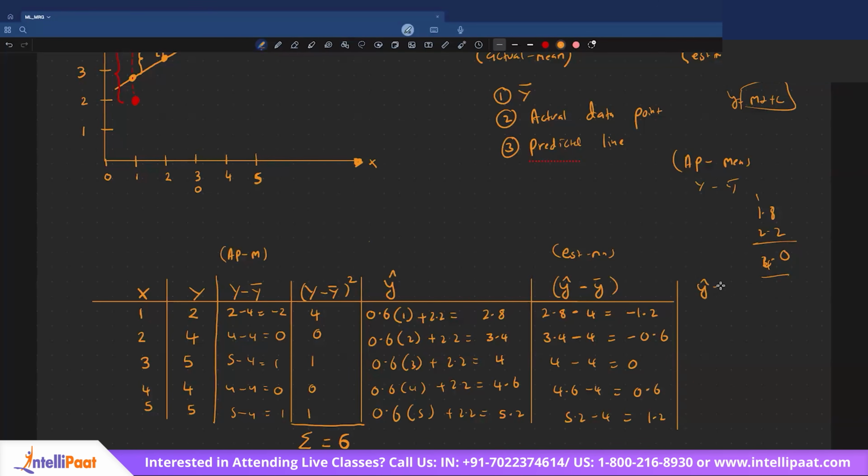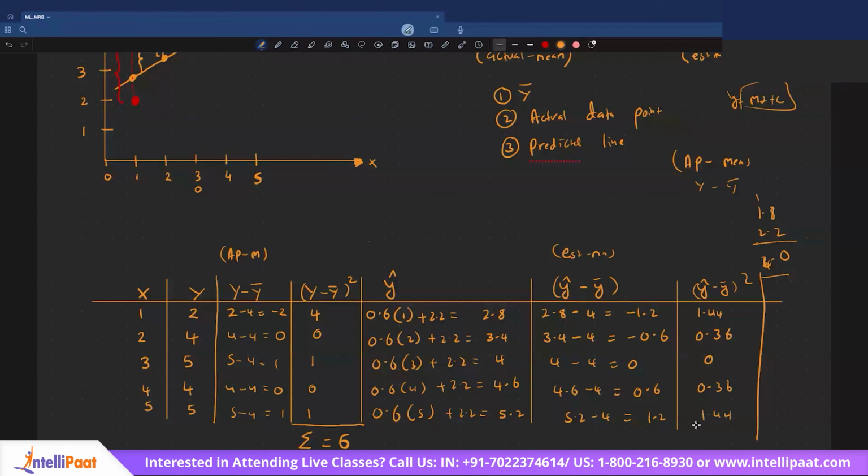Y hat minus Y bar, the whole square. Everybody, what is 1.2 the whole square? It becomes 1.44. What is 0.6 squared? It's going to be 0.36. Yes or no? 0.36 and 1.44.